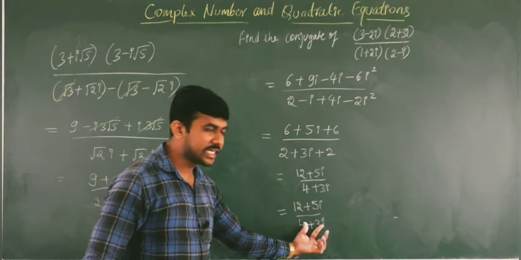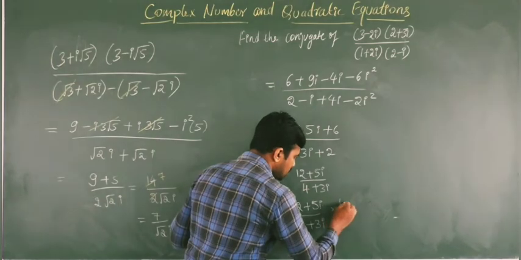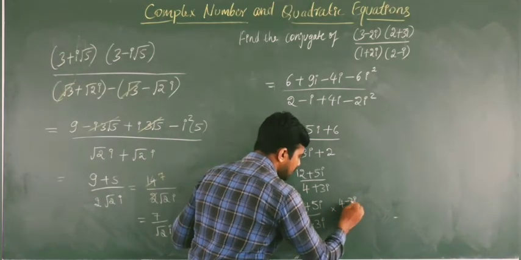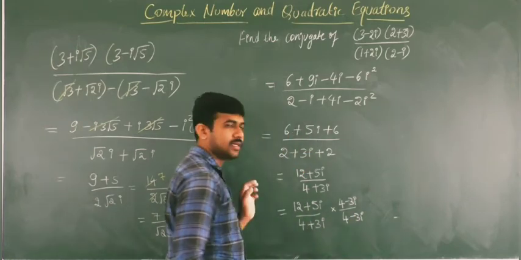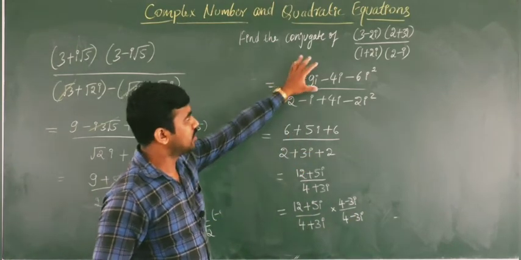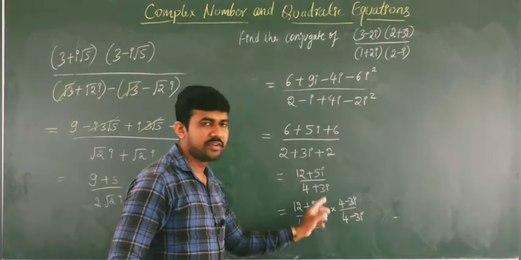So what is the conjugate of the denominator? We'll get 4 minus 3i. So you should multiply by 4 minus 3i and divide by 4 minus 3i. Now again, as in the previous step, multiply the numerators, and the denominators also.